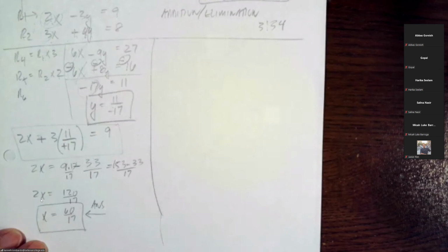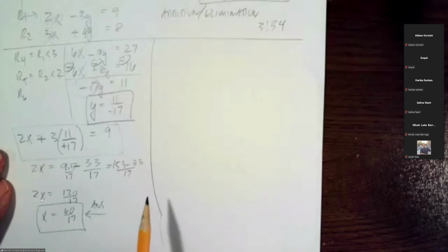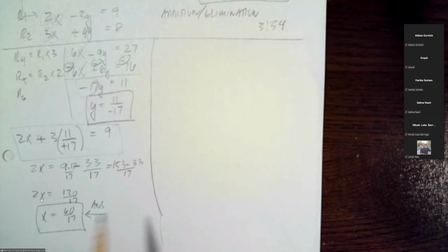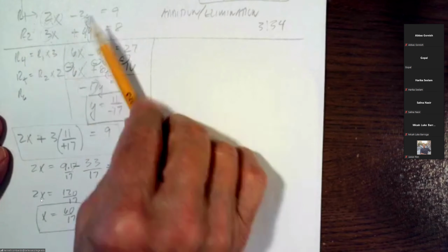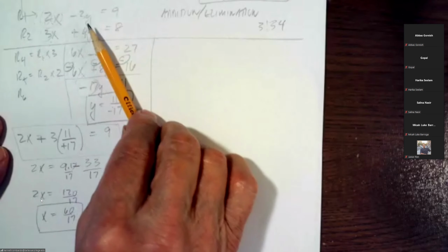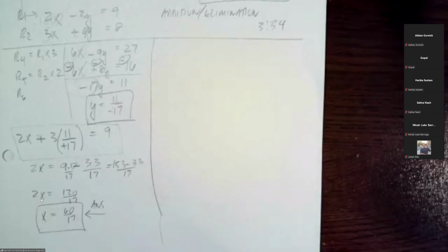Subtracted one from the other, we eliminated a variable, solved for y, then back substituted in. Questions on what we did there at all? Rather than take the time to go through a different approach, we'd end up with the same answer, but we could also have eliminated the x values if we wanted to, or the y values.